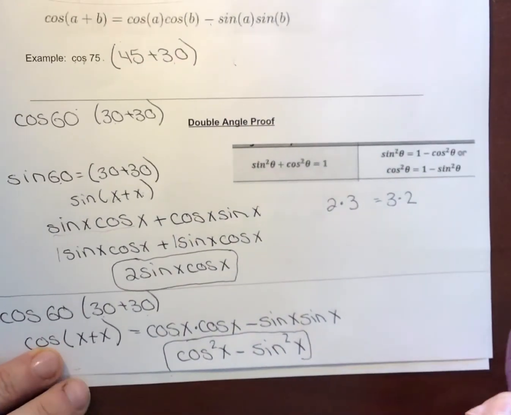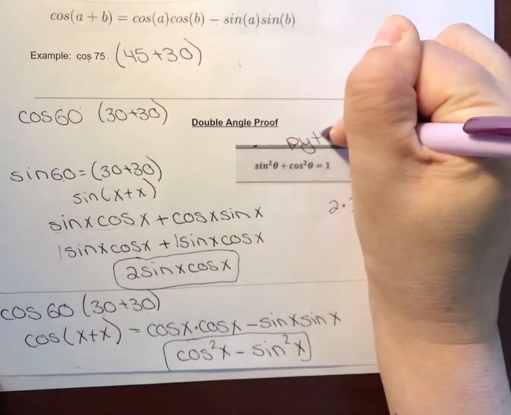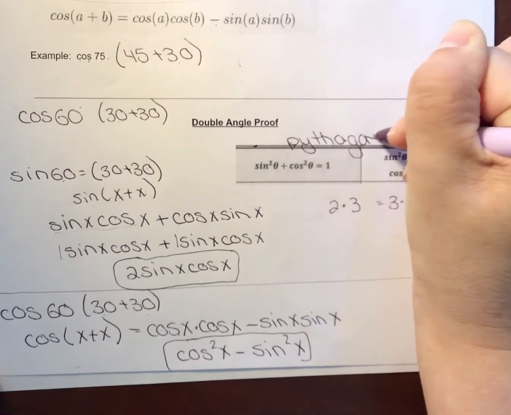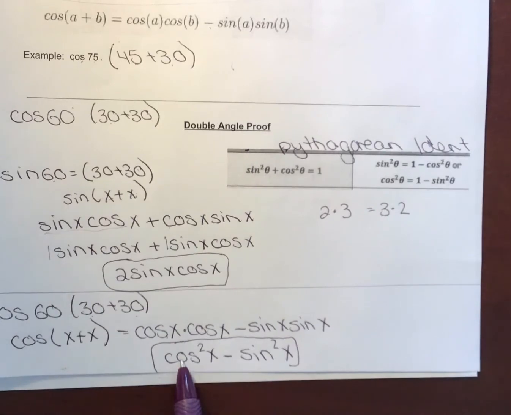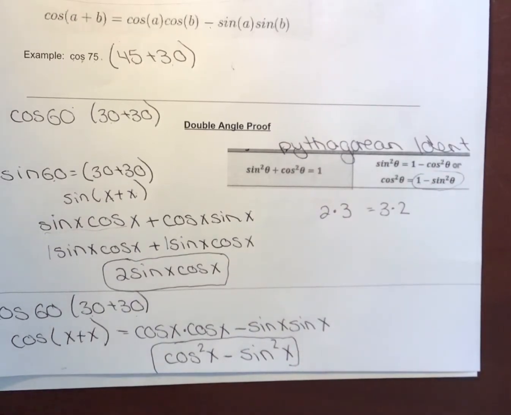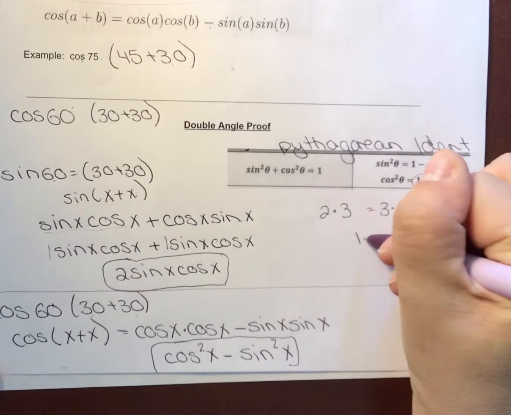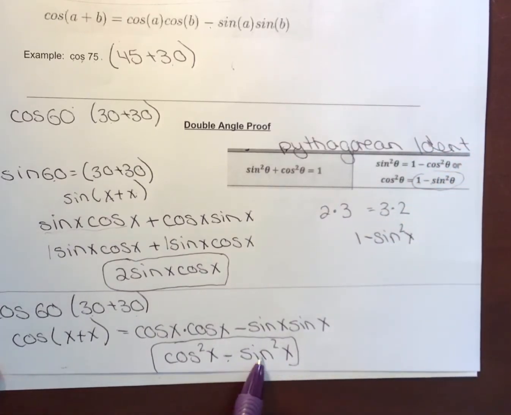Let's start first by substituting in for cosine x. If we want this whole thing to be in terms of sine, we go back to the Pythagorean identities, which I have right here. We can substitute in for cosine squared x: 1 minus sine squared x, and then I'm going to continue with minus sine squared x.